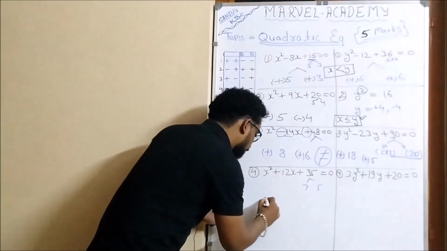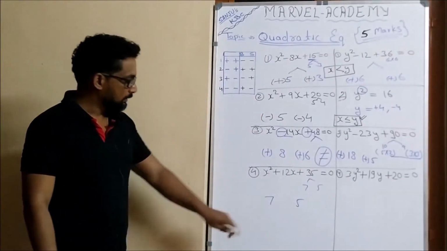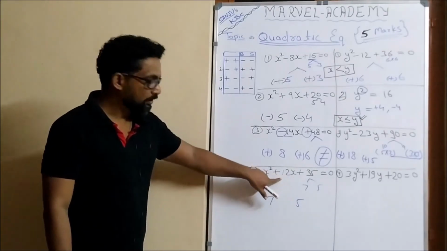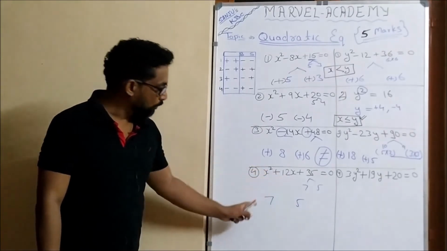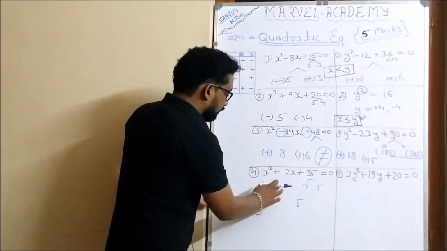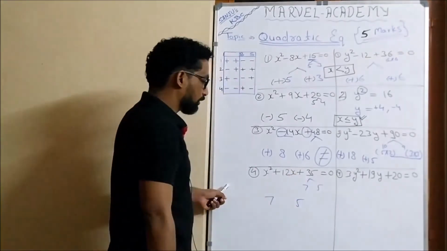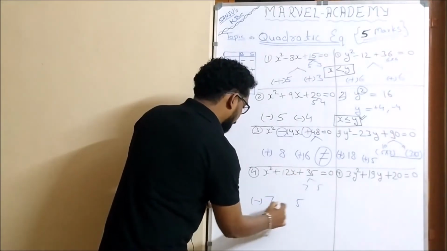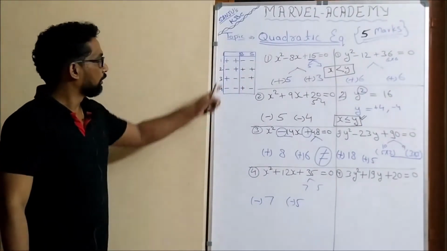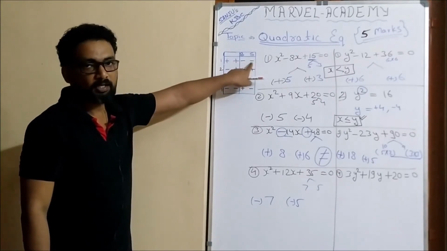So definitely my result will be 7 and 5, because while adding 7 plus 5 I get 12. So both the values are odd numbers. And how to get sign? So positive and positive becomes negative and negative. From this table, if both the values are positive, the result would be negative.